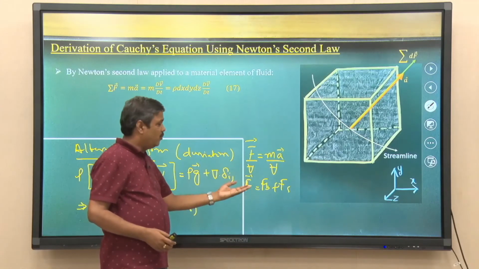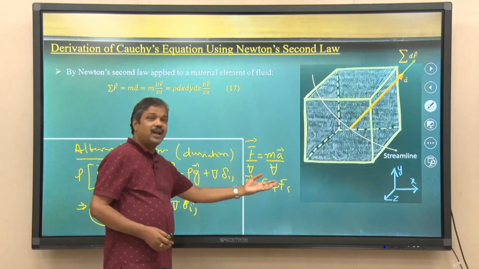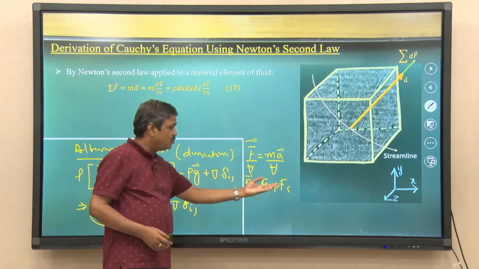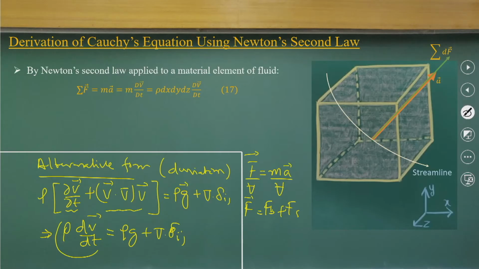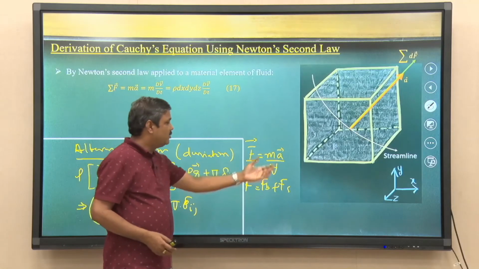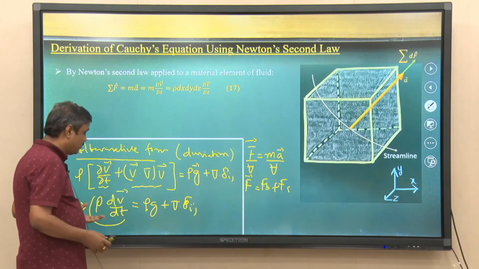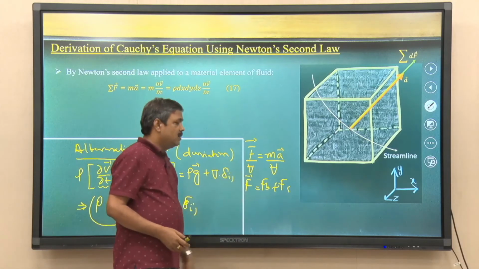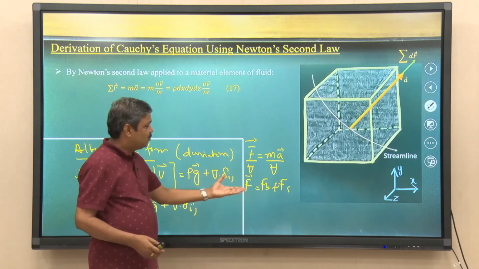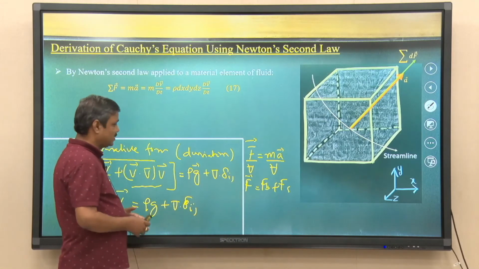Here in the fluid flow, we have a body force and we have a surface force. The surface force we are considering from the stress tensors. For the body force we have the g components. Mass into acceleration, we have the mass acceleration but per unit control volume, that is what we are applying to get these equations.